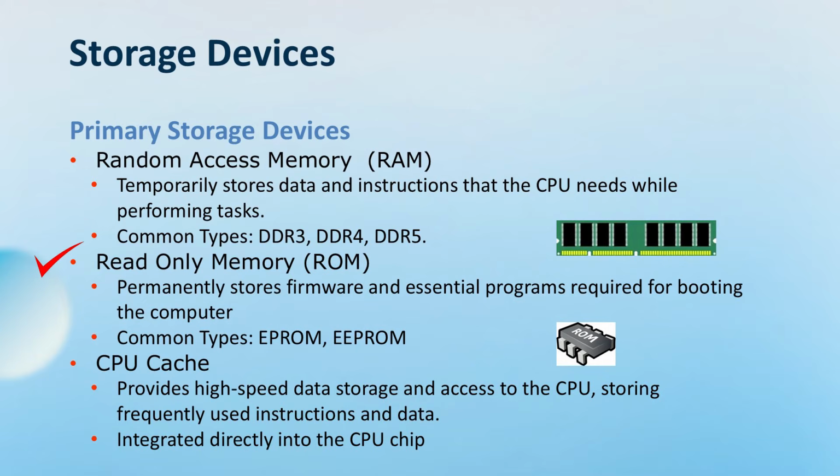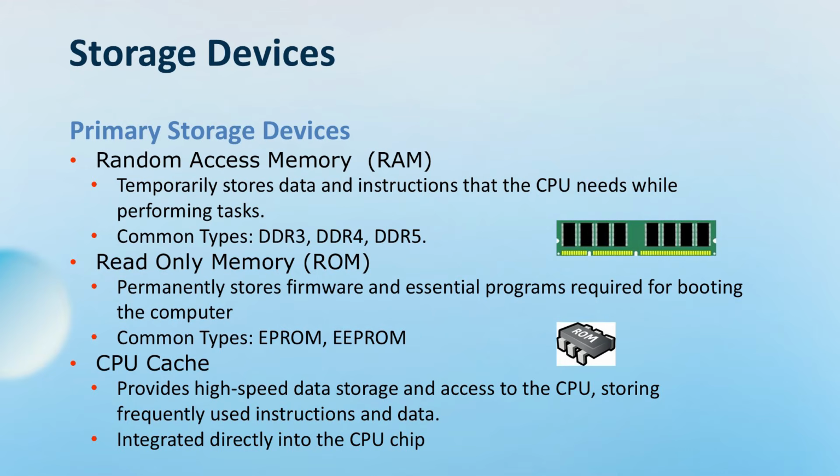The next storage device is read-only memory, which is also called the ROM. It permanently stores firmware and essential programs required for booting the computer. And what is firmware? Firmware is low-level software which is embedded within hardware, and it is used to control this hardware. Common types of ROM are EPROM and EEPROM.